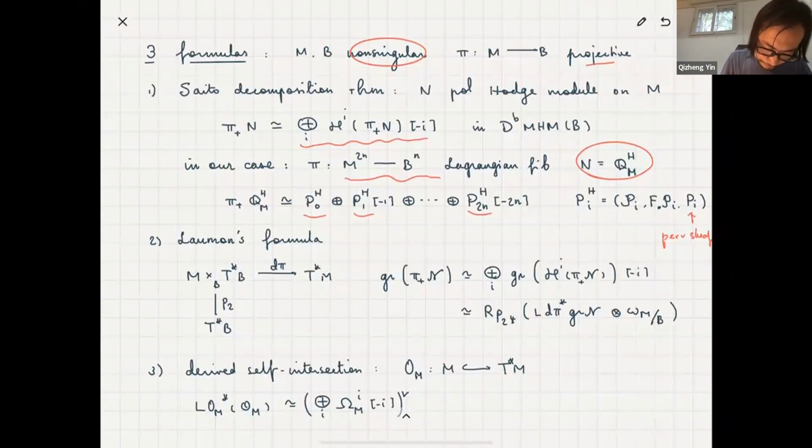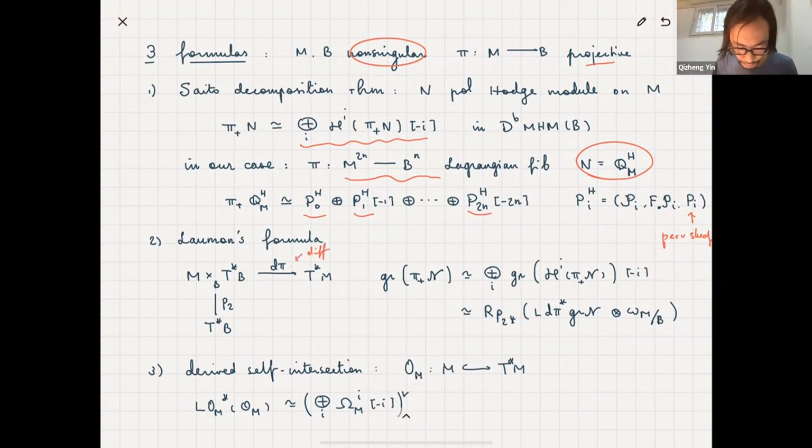So there are these two arrows. First of all, you take M cross T star of B over B. And then this map is the differential, the d pi. So you just take any forms from B and you pull them back to M. So this is the differential map. And then p2 is the second projection.